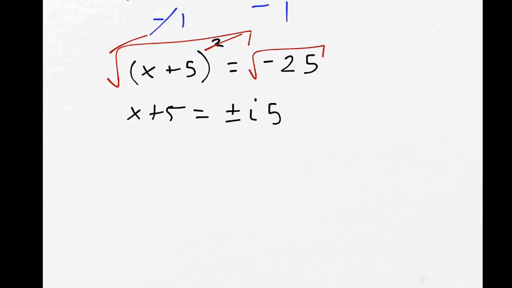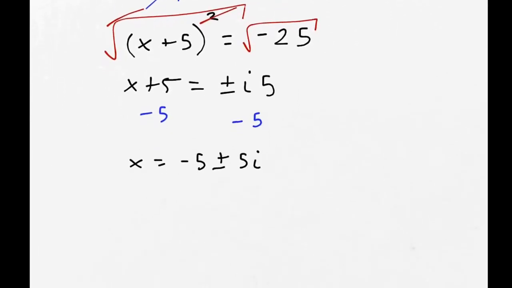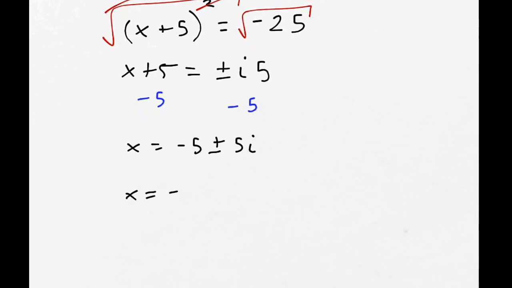I already know it's imaginary because it has a negative inside the square root. Okay. And then I'll subtract 5 from both sides. So the way I'm going to write it is x equals negative 5 plus or minus 5i.